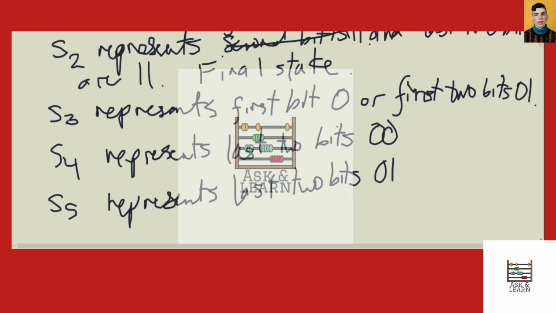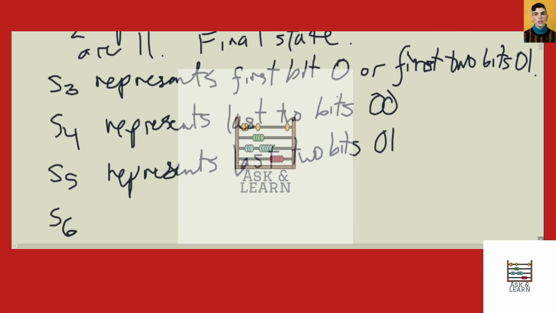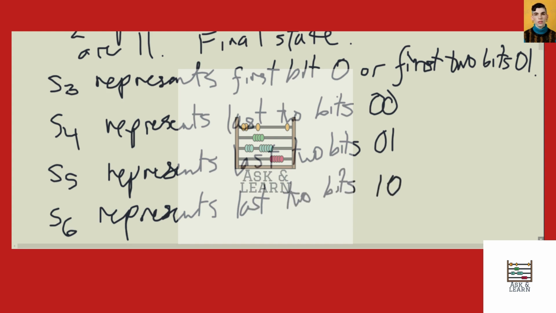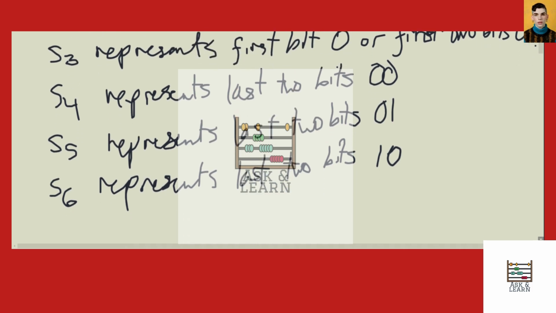And finally, S6 represents the last two bits are 1, 0, and again, if the first two bits are 1, 1. So we see that none of these last three are final states. And in fact, we see that the only final state in this case is S2.